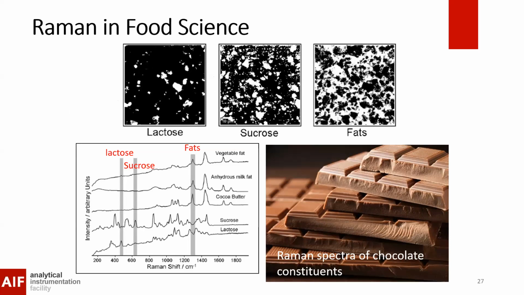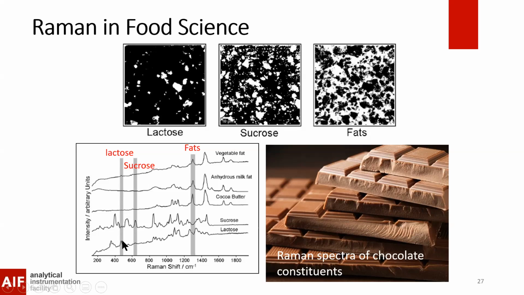Okay, the first example I would like to mention is Raman in food science. This is a yummy, tasty chocolate. Apparently, the Raman spectrum of sugar, which includes lactose, is quite different from that of the fats.